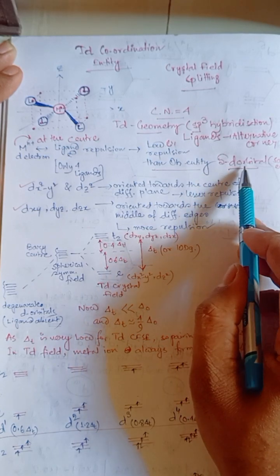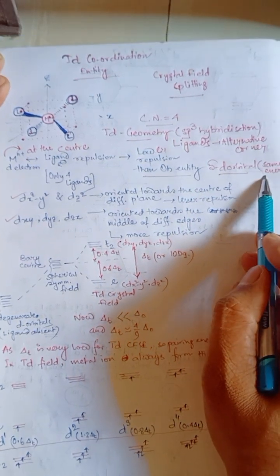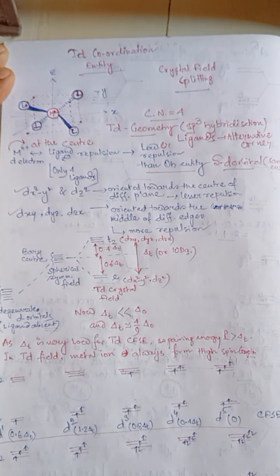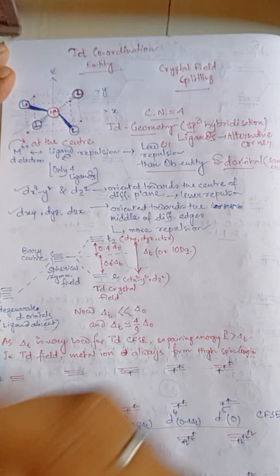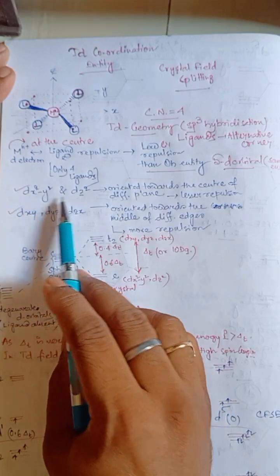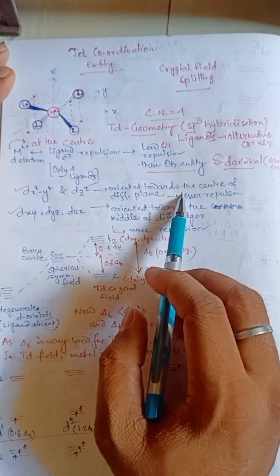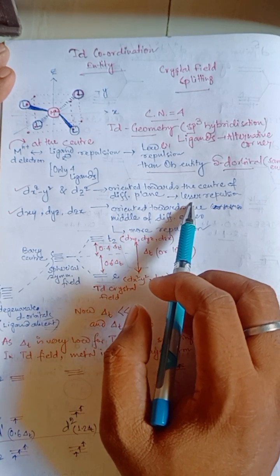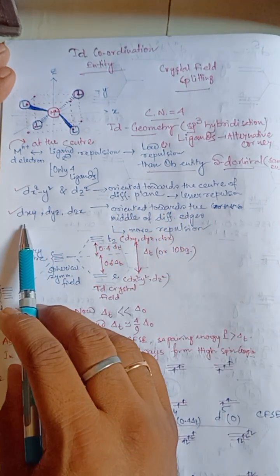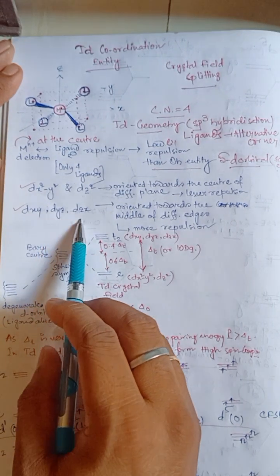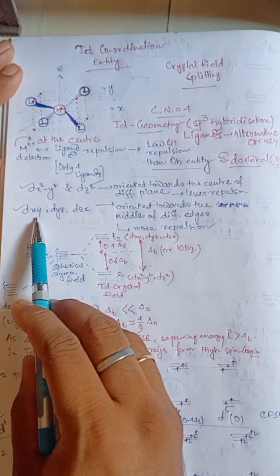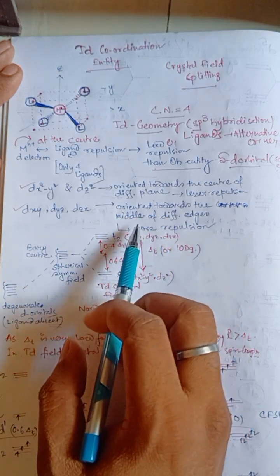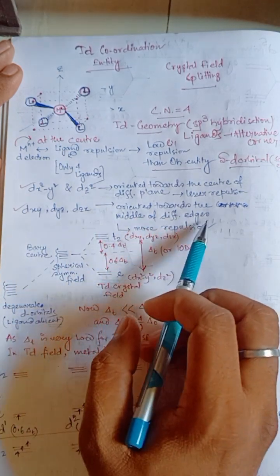There are 5 d orbitals of the same energy, that is, degenerate, and this degeneracy breaks down in the presence of some asymmetrical ligand field. The dx square minus y square and dz square orbitals are oriented towards the center of different planes, which feels much lesser repulsion, whereas for dxy, dyz and dzx, the lobes of the orbitals are oriented towards the middle of different edges.